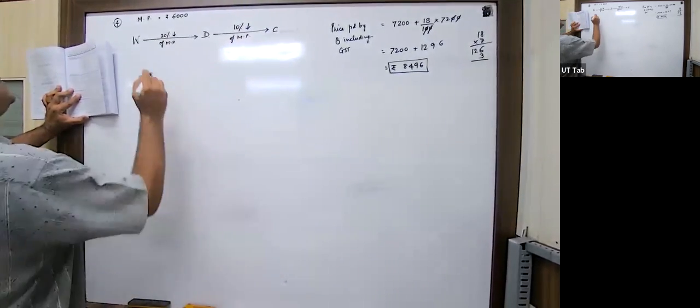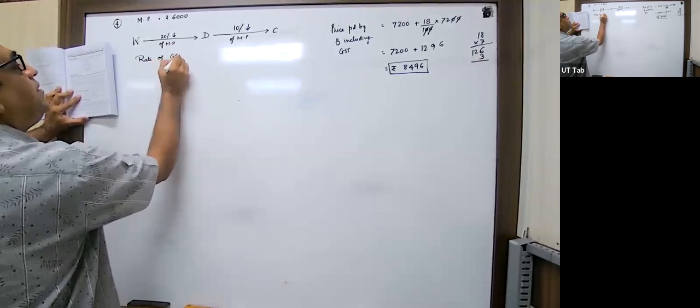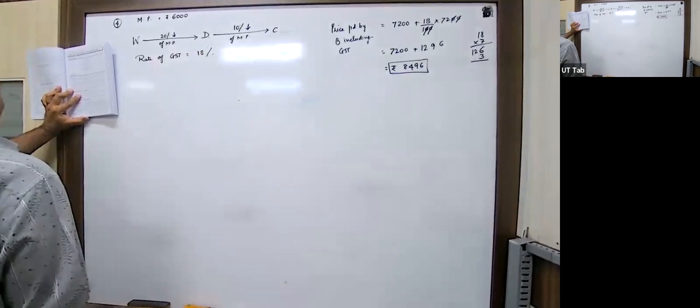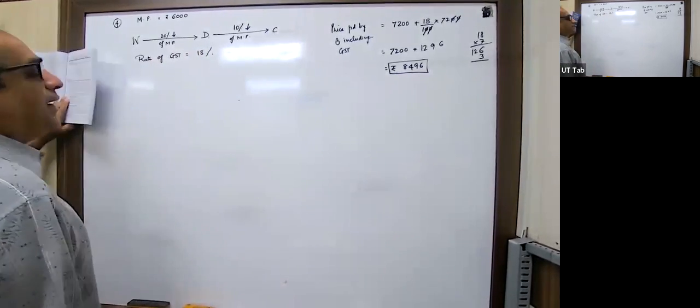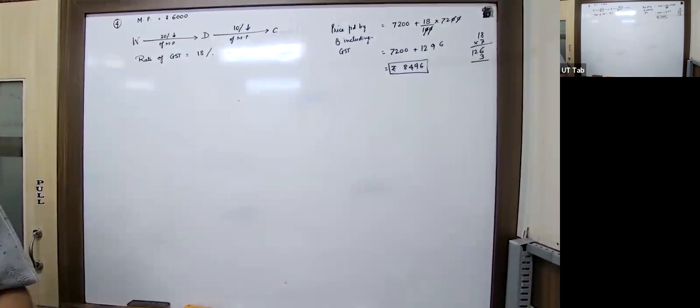If the rate of GST is 18%, find the amount of GST paid by the dealer to the government. It will always be output tax minus the input tax.